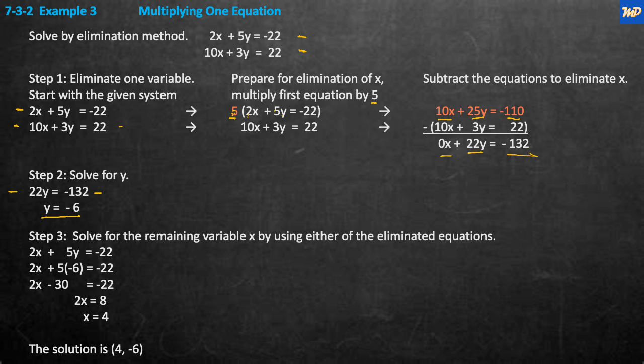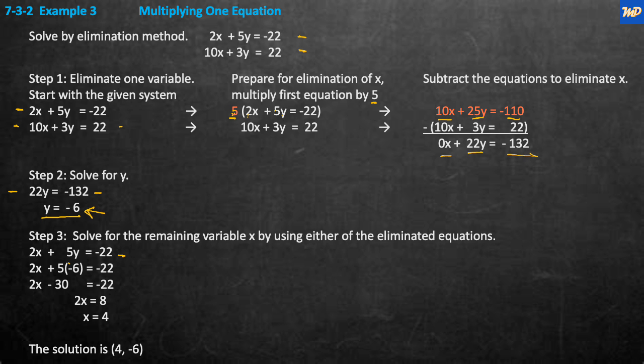So now, for step 3, we're going to eliminate the variable we just solved and solve for the remaining variable. It says 2x plus 5y is equal to negative 22, that's just a standard equation from the top. We're going to plug in our y, negative 6.